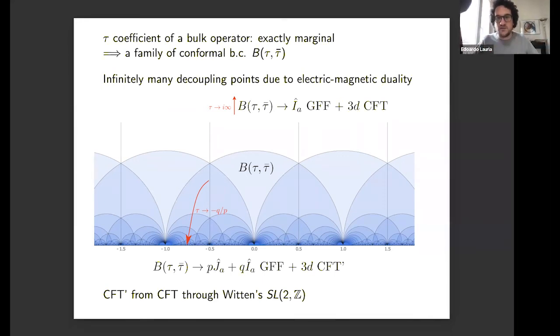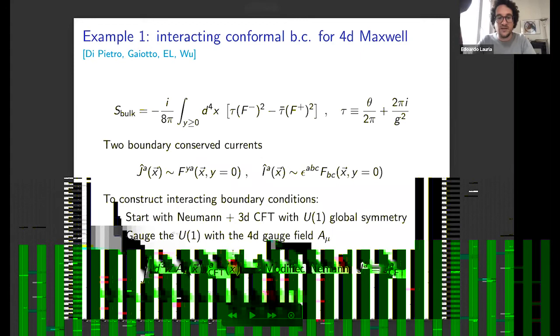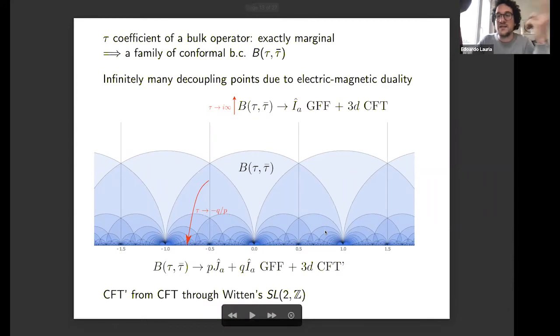There is another interesting property of these conformal boundary conditions. Imagine you are given this family of conformal boundary conditions. How do you go back to the original situation in which you find again a Neumann boundary condition and a decoupled sector? How do you go to the decoupling points?